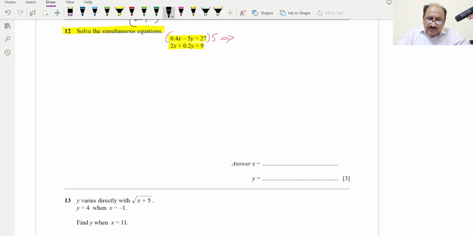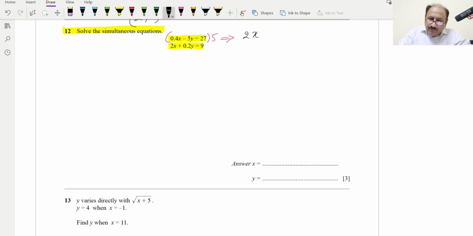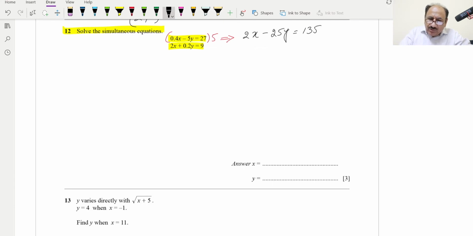We will get 0.4 multiplied by 5, which will be equal to 2, so 2x minus, 5 into 5 will be 25y, and equal to 27 multiplied by 5, and this will be equal to 135, and the second equation will be 2x plus 0.2y is equal to 9.